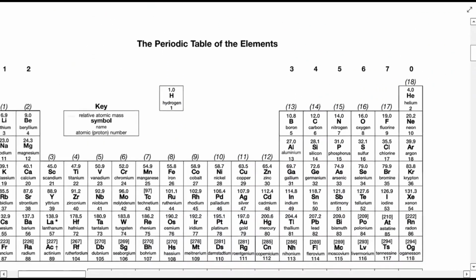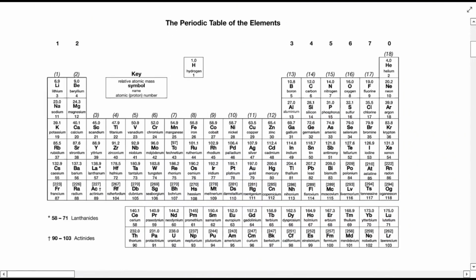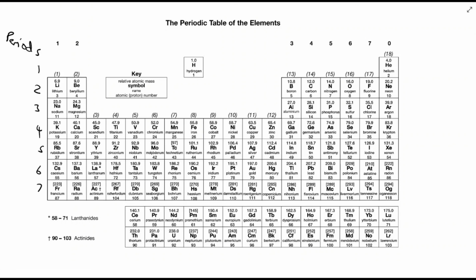So here's the A-level periodic table. Now the periodic table isn't particularly different from when it was at GCSE. We have the periods on the side, so we've got 1, 2, 3, 4, 5, 6, and 7, and these tell us the number of shells or energy levels. I'm going to use the word shells, but you could use the word energy levels.